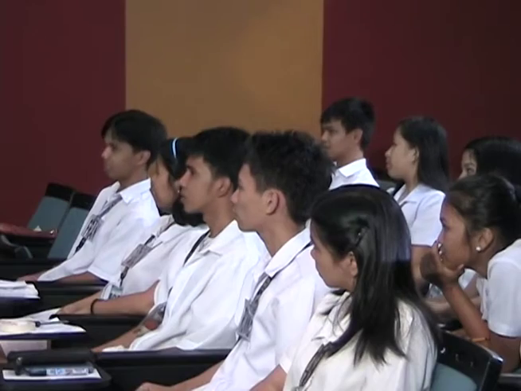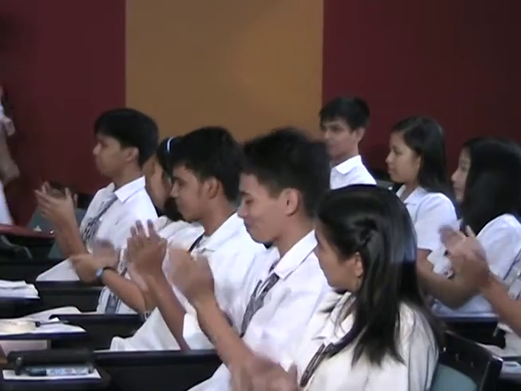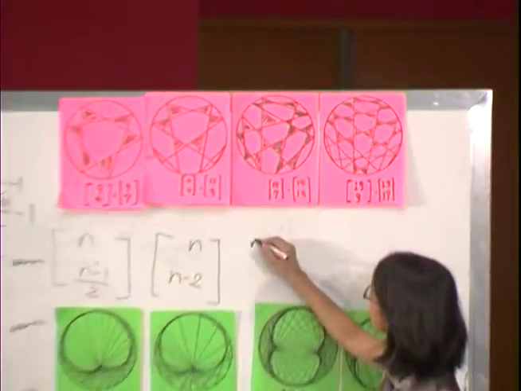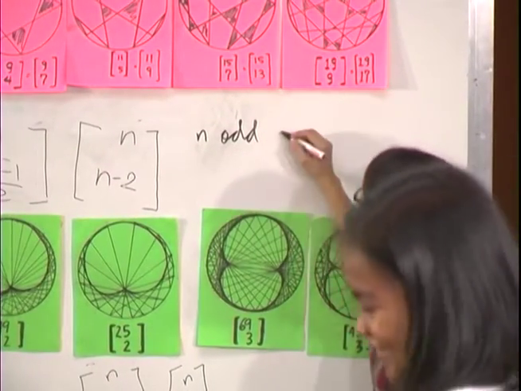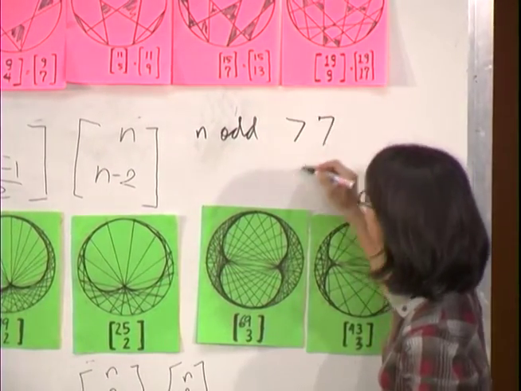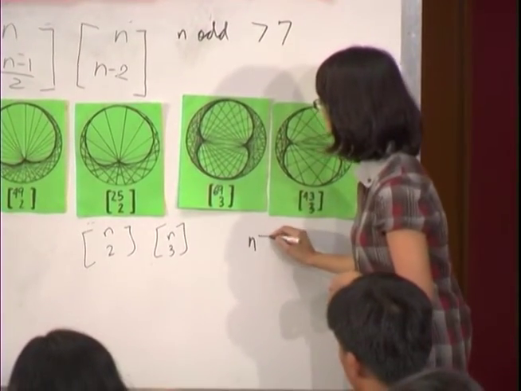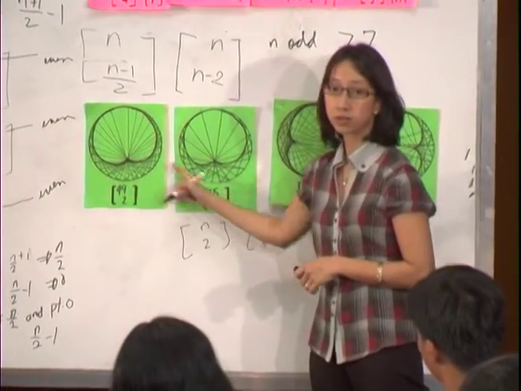Okay. Isn't that interesting? Also, another round of applause. Actually, for this one, the restriction was n should be odd. Am I correct? N should be odd, and it should be greater than 7. And here, our n should be greater than or equal to 19. So if it's a 2 here, you get cardioids.